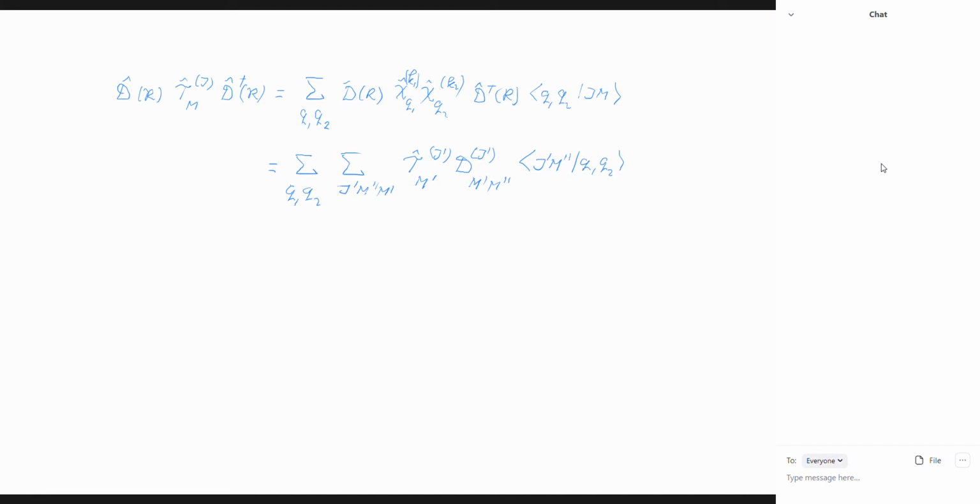It takes a while to write this down, but let's do this properly. Now we can use the orthogonality of the Clebsch-Gordan coefficients. So then we sum over Q1 and Q2. That gives me delta J J prime delta M M double prime. So then we get what we want to show.